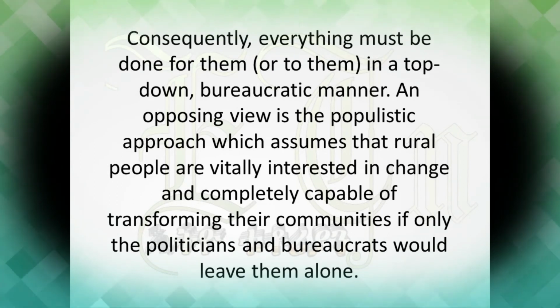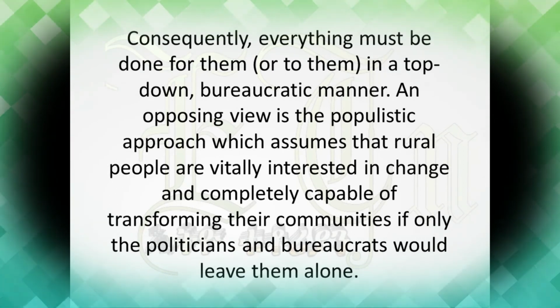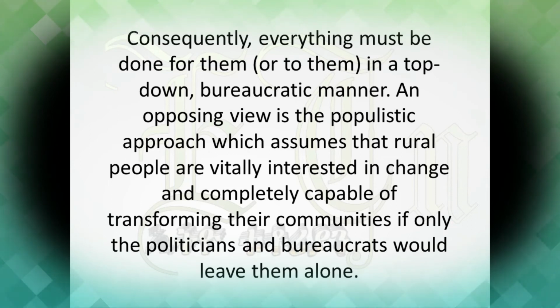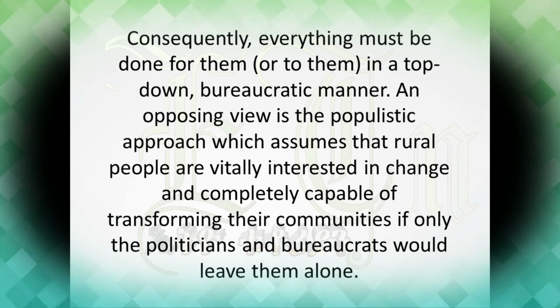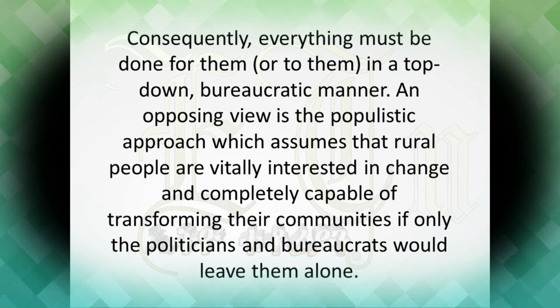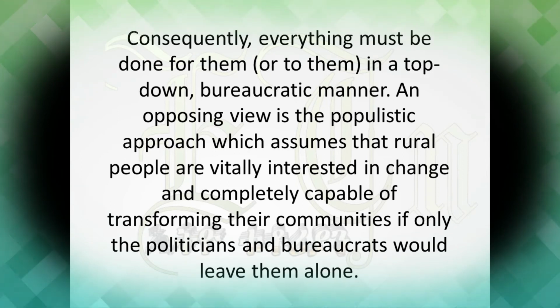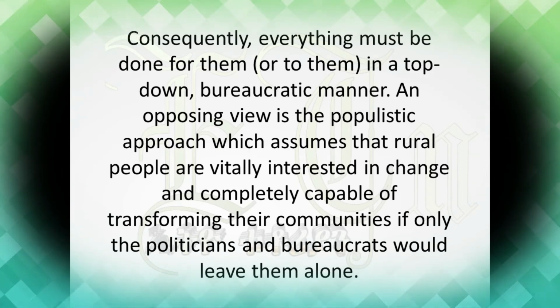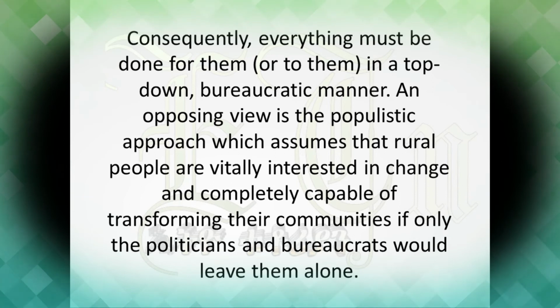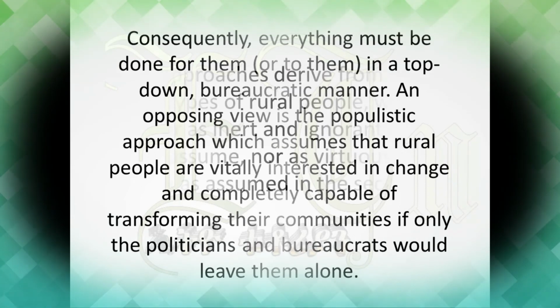Consequently, everything must be done for them, or to them, in a top-down, bureaucratic manner. An opposing view is the populistic approach, which assumes that rural people are vitally interested in change and completely capable of transforming their communities if only the politicians and bureaucrats would leave them alone.